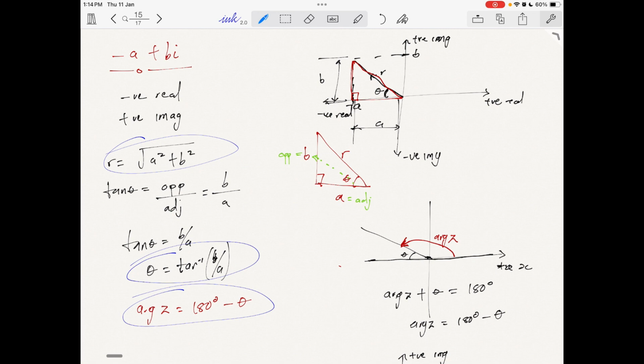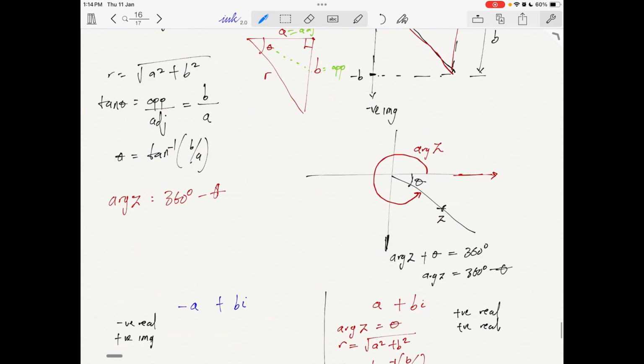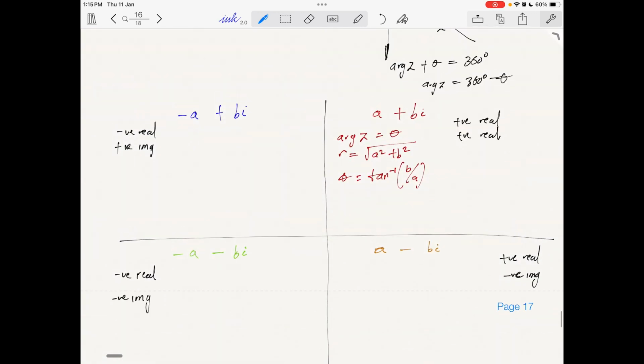Those are the information we need. Now let's go back. Our argument Z, most importantly, is 180 degrees minus theta. Our r is the square root of a squared plus b squared. Our theta is arctan b over a.